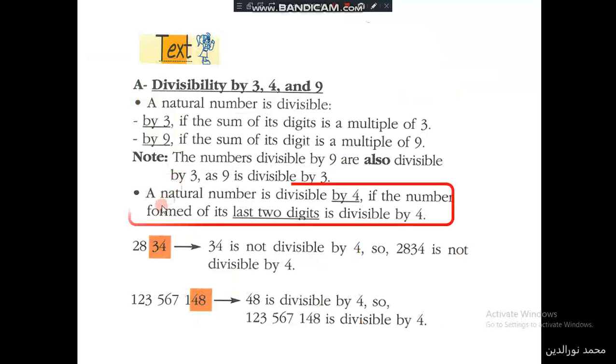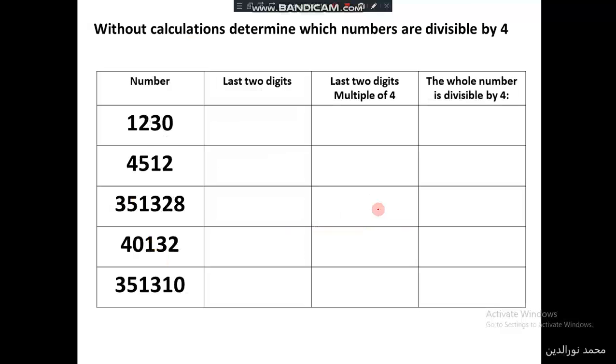So the rule is: a natural number is divisible by 4 if the number formed by the last 2 digits is divisible by 4, or we can say is a multiple of 4. So a natural number is divisible by 4 if the number formed by the last 2 digits, the ones and tens, is divisible by 4.